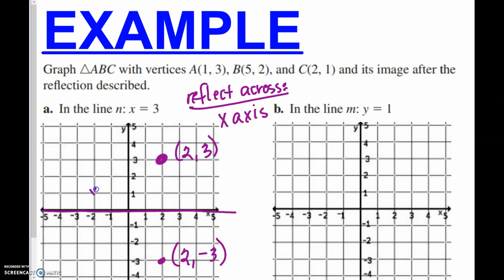So if I pick this point right here, which is at -2, +1, when I reflect across the x-axis, it goes to here. So I'm still at -2, but now instead of being at a +1, it goes to a -1. So when we reflect across the x-axis, what happens? Does x stay the same, and do we change the sign of the y value?